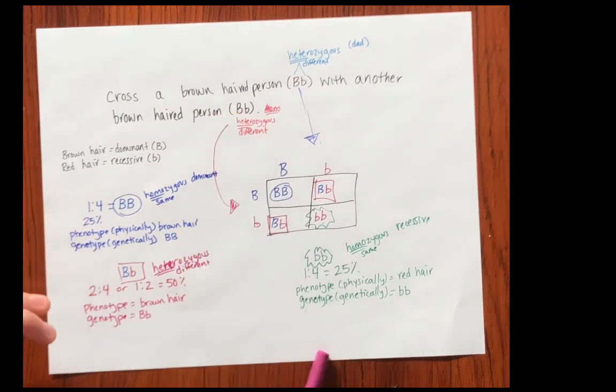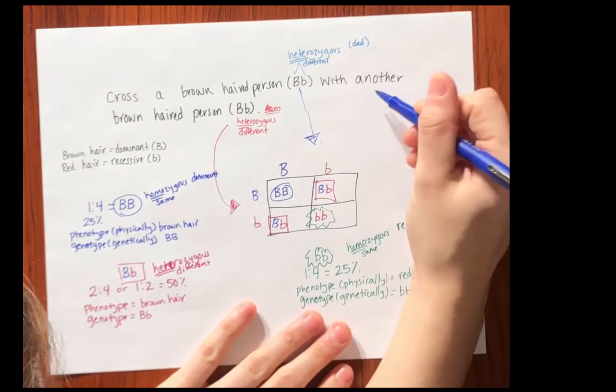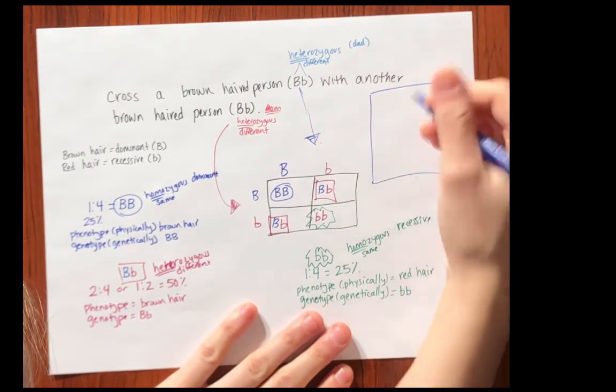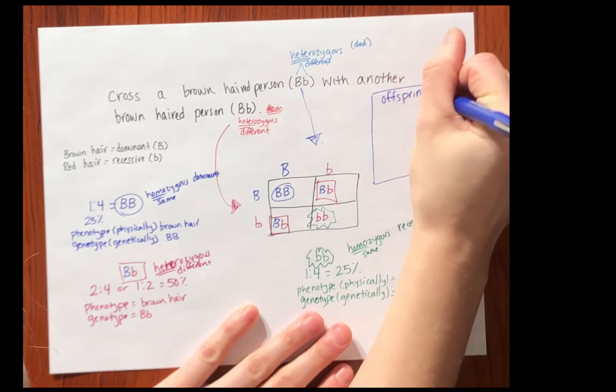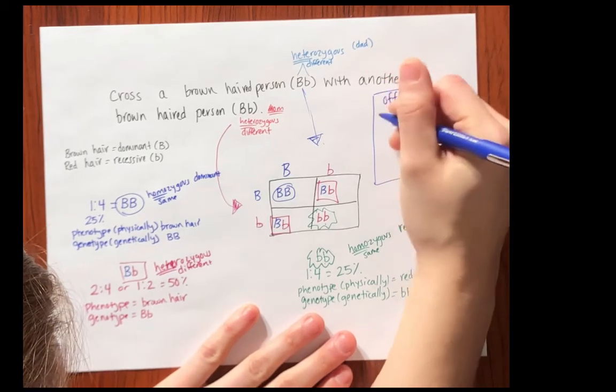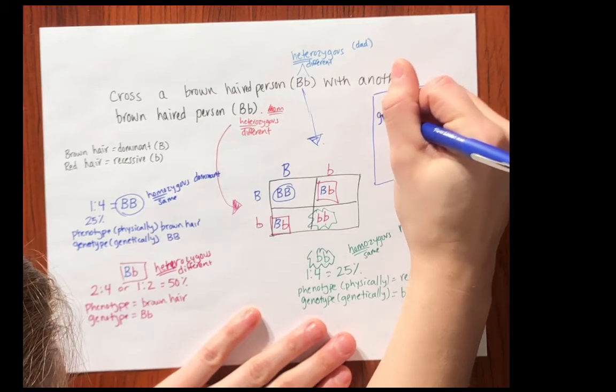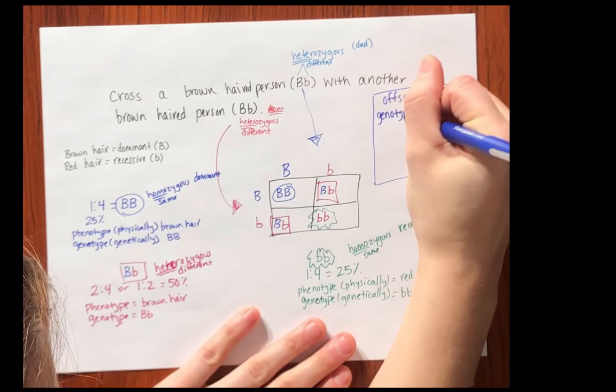All right, now let's try to sum everything up. If we're trying to figure out what exactly their kids are going to look like, we're talking about their offspring. Well, what is their genotype?